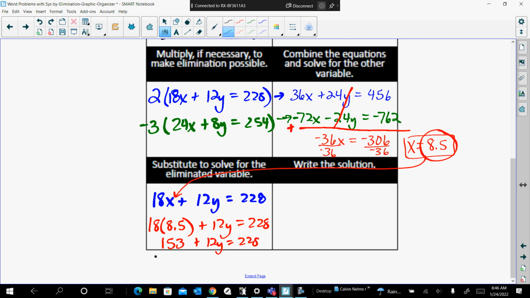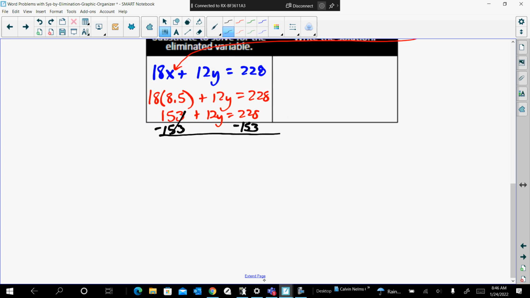You're gonna have to subtract that. So my 12y equals, not negative, positive 75. Divide that by 12. Y is 6.25.